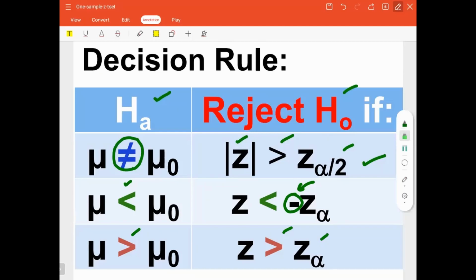I think you will not be confused, because if this is less than, this must also be less than, right? And if this is greater than, then this must also be greater than. The only different one is not equal, so this will be the absolute value of z greater than z of alpha over 2. That is the critical region. That is our basis whether we reject or accept the null hypothesis, right?